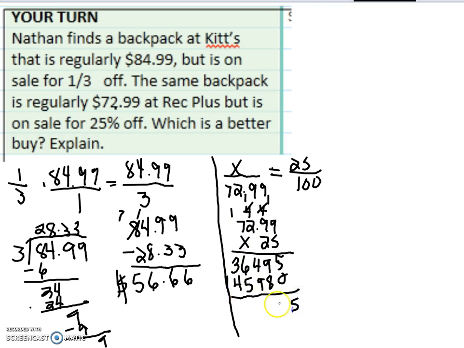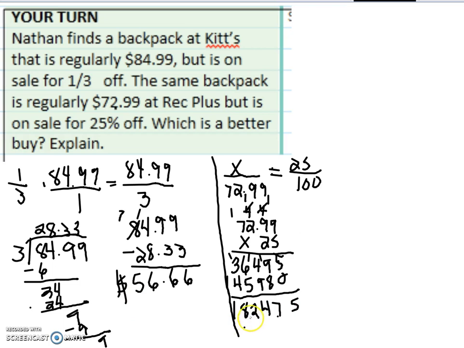We add it up. We have 5, 17, 14, 12, 8, 1. Then we have to put in 2 decimal places. And then once we put those in, we still have to divide by 100. Well, when you divide by 100, it hops over 2 spaces.